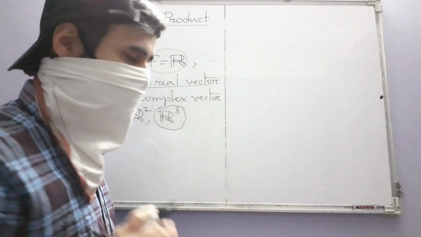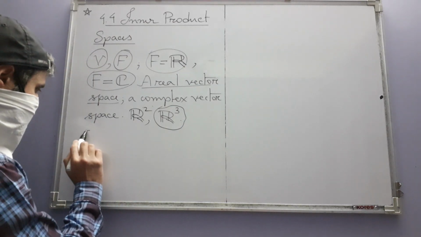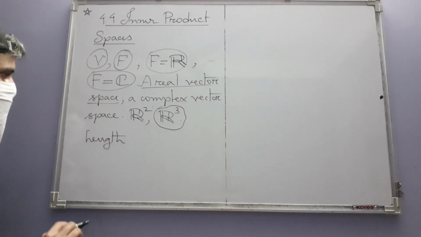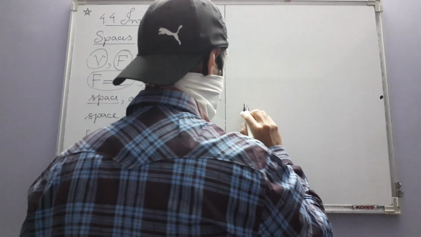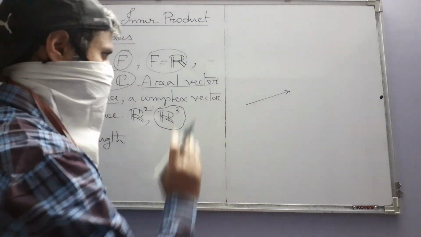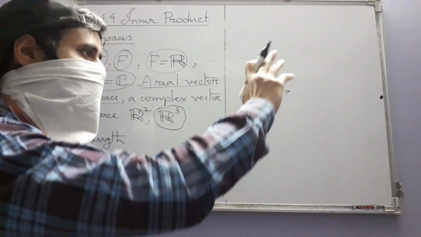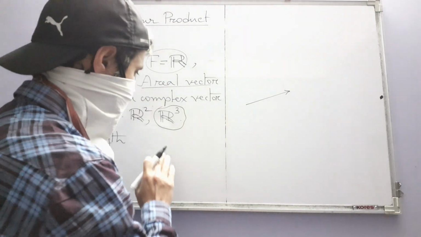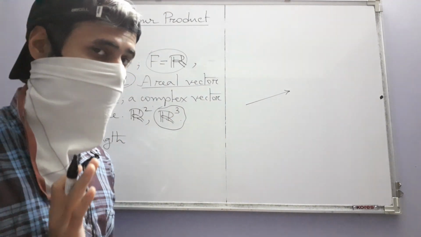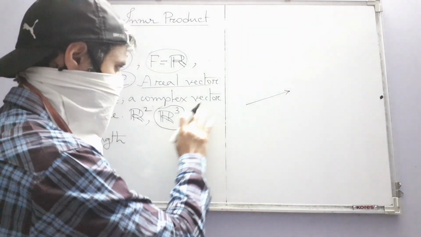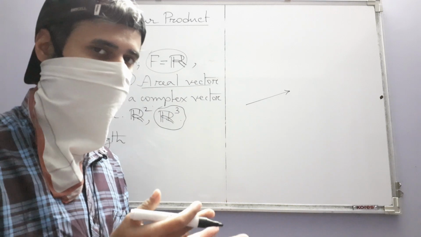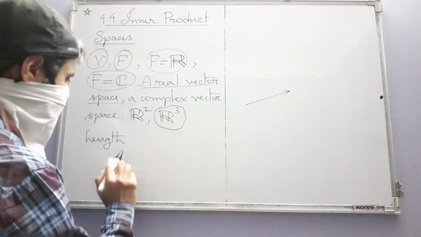One of them is the notion of length. For a real vector, whether in a plane or in space, like this marker, there is a notion of the length of such a vector, which we have so far not obtained anywhere for vectors in an arbitrary vector space.